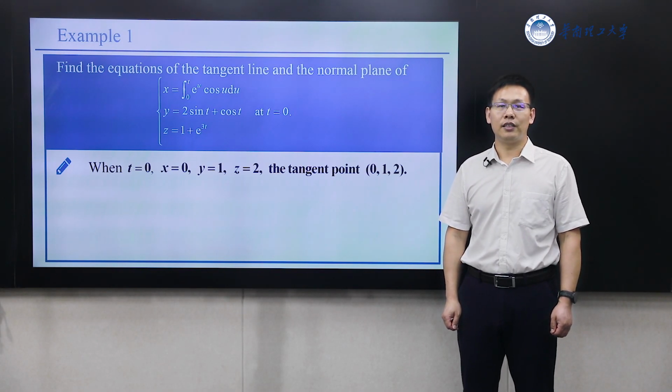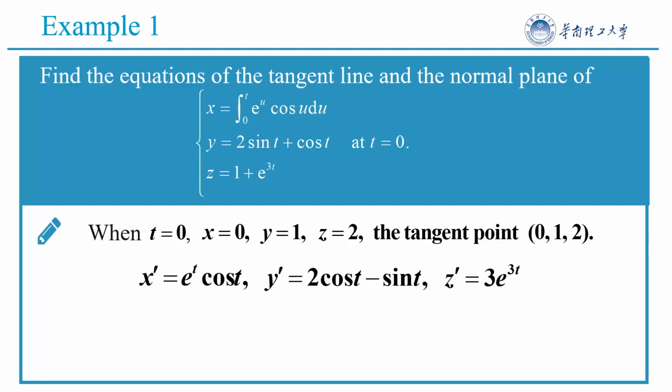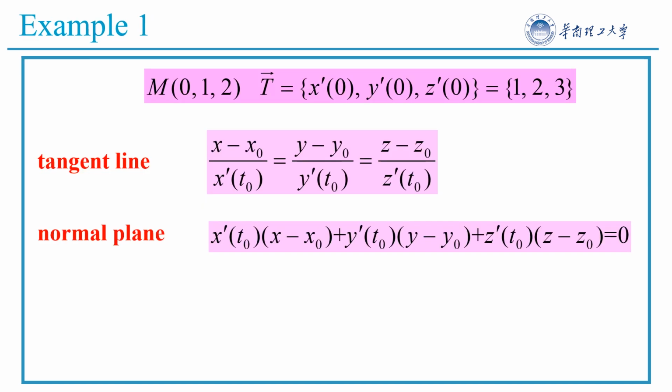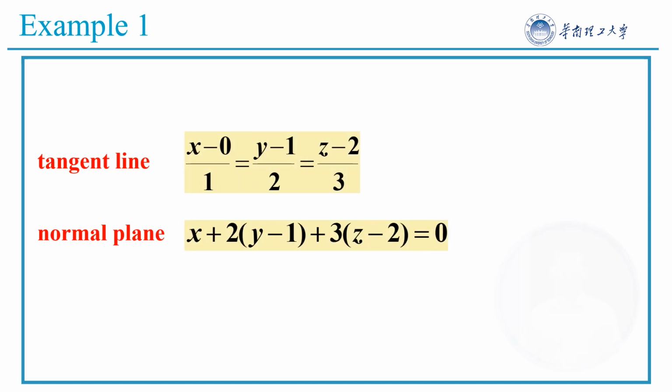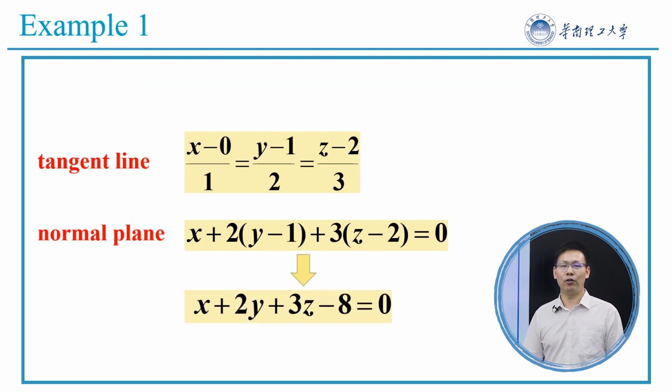Calculating the derivatives of x(t), y(t), and z(t), and letting t be 0, we obtain the tangent vector T, which is (1, 2, 3). Based on the tangent point and the tangent vector, we can get the equations of tangent line and normal plane as follows.